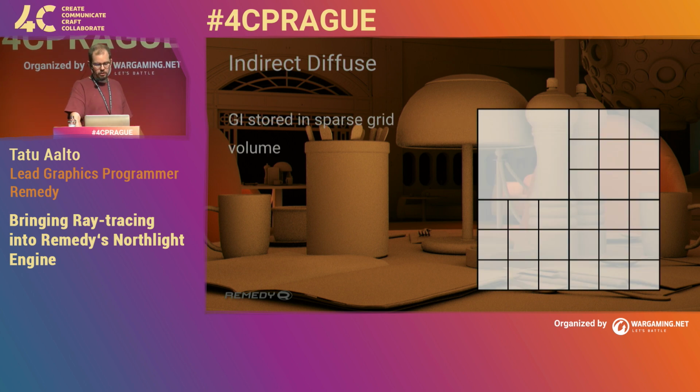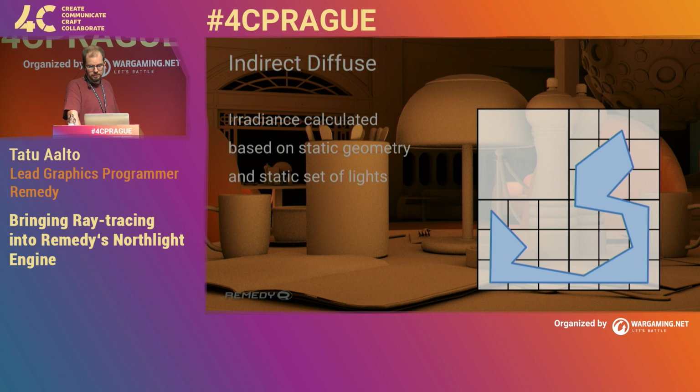Our pre-computed volume global illumination is stored in a sparse volume texture. This is a 2D slice of that volume. The grid on the screen represents the data, and each crossing contains indirect lighting data that has been calculated with a path tracer. The blue shape on top of the global illumination volume is static geometry that we use for calculating the data.